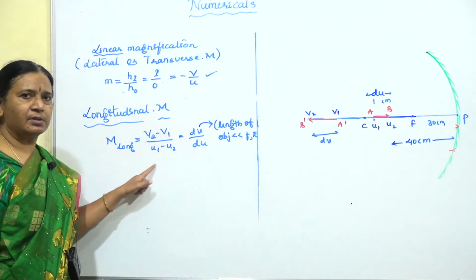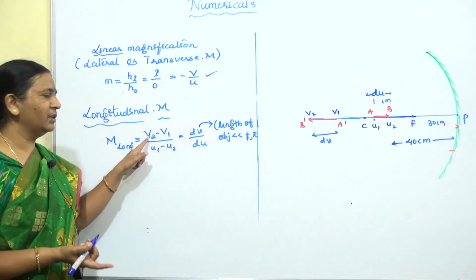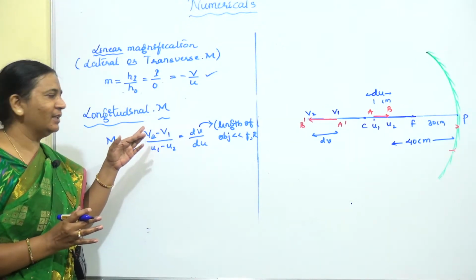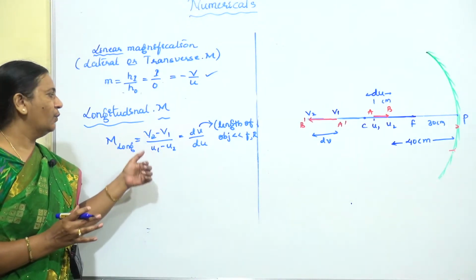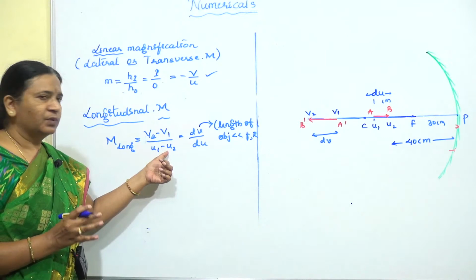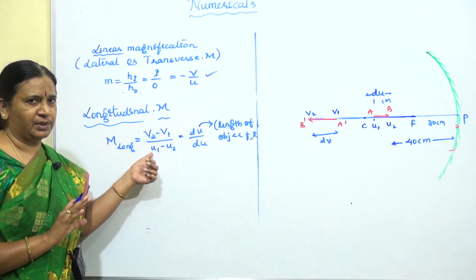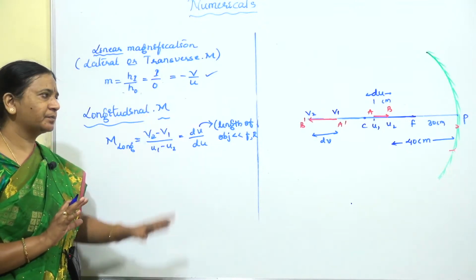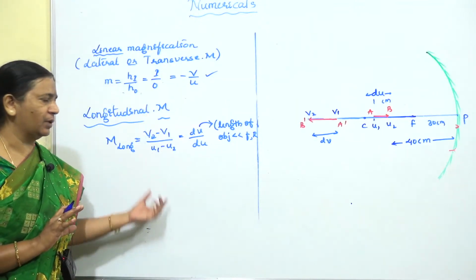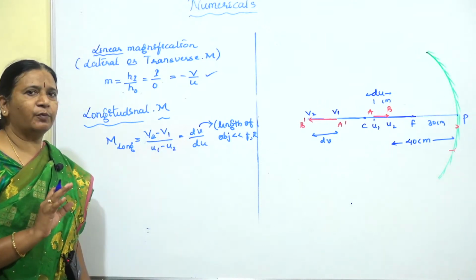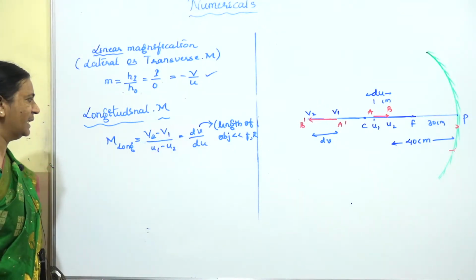Otherwise, if I take 10 centimeter, your work will increase. You have to calculate V1 once, and V2 once while taking U2, which is only 40 centimeter. U1 becomes 40 plus the length of the object, as per my diagram. Refer to whatever notation you want. Hope everyone is clear. For this, we'll make a quick formula which you can use easily.